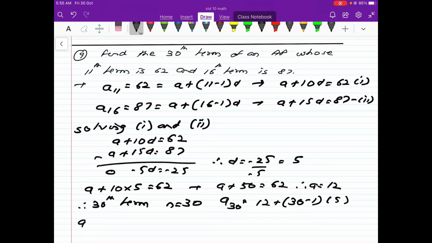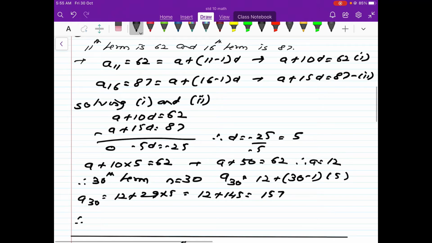So a30 is equal to 12 plus 29 into 5. Now 29 into 5 is 145. So 12 plus 145 means 157. So therefore we can say the 30th term is 157. That's the answer.